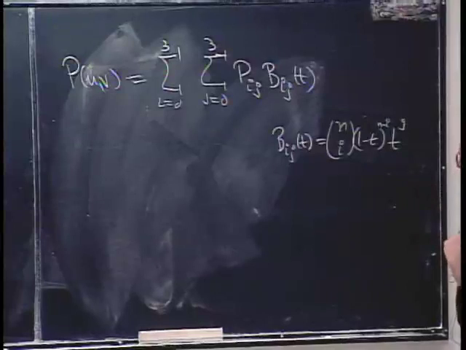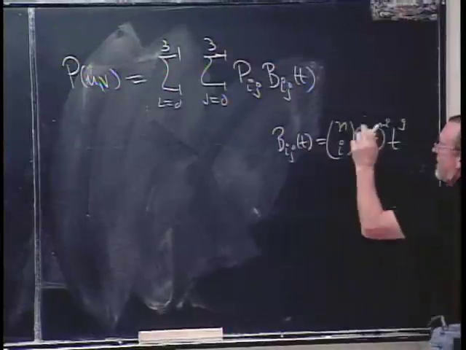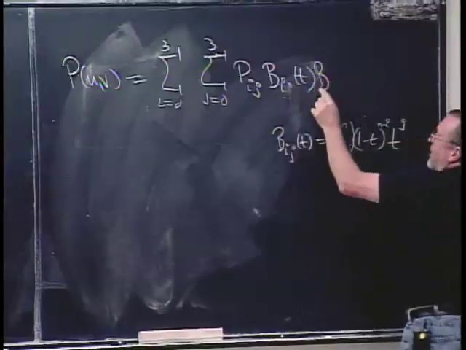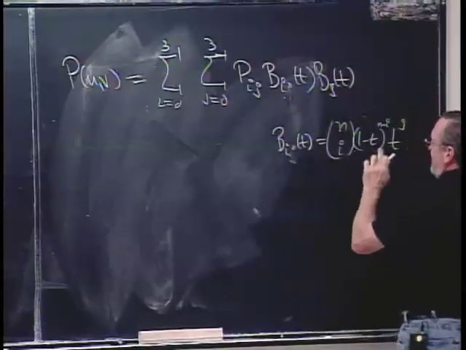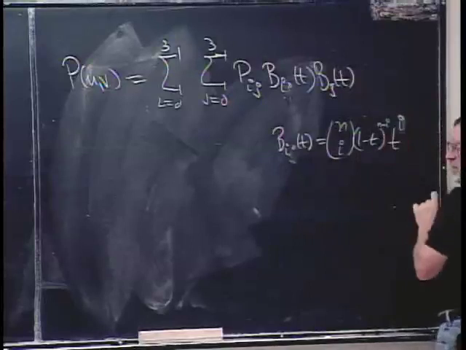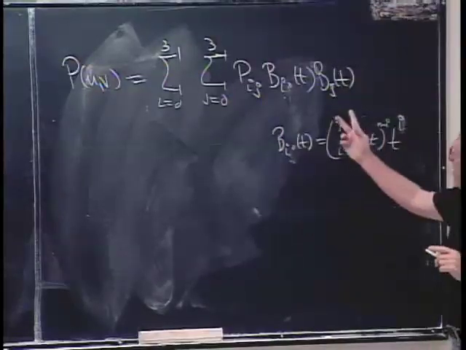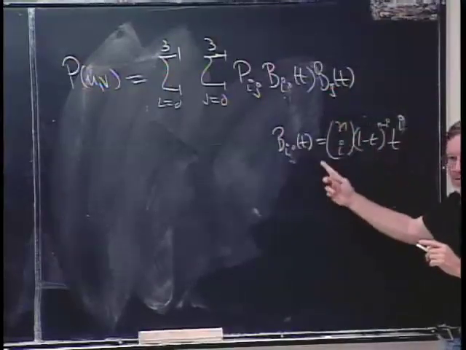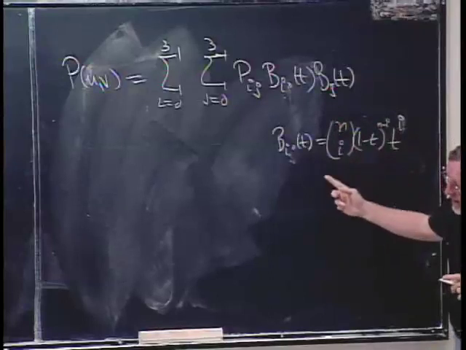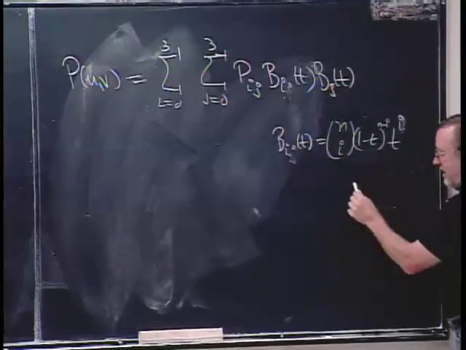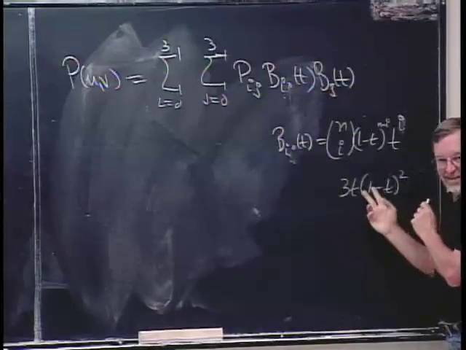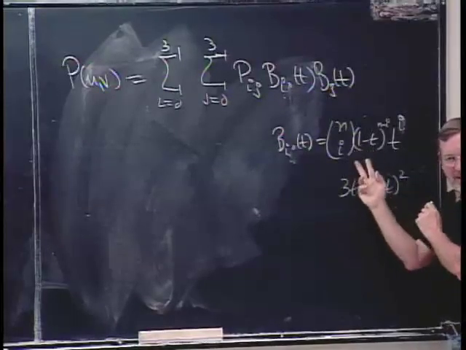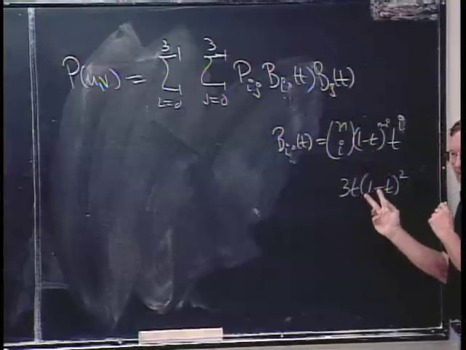Bi of t. There's another one, Bj of t. There you go. Now this should be i and j. It looks like that. And if you look at this one, this is 3t times (1 minus t) squared. That's what that is. These are all these functions, the coefficients that went in front that added up to 1.